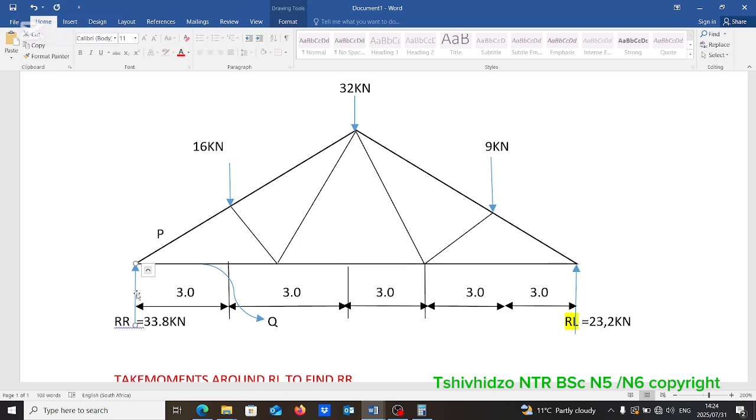But you can also calculate the horizontal component using angle 0, and you will end up getting 0. Even in this member, this is a horizontal component; we don't have a vertical component on horizontal. But on P, because this is an inclined member, we'll have both a vertical and a horizontal component.